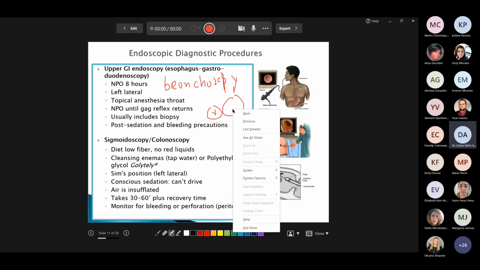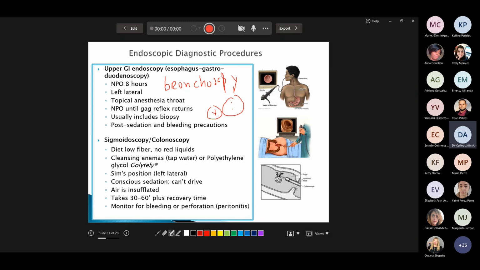One is the esophagus, which is posterior. But instead of going through the esophagus, it's going through the bronchi. The preparation is the same. It's an invasive procedure. The person needs to be NPO, is going to be sedated, and is going to have anesthesia in the throat. So it's the same.